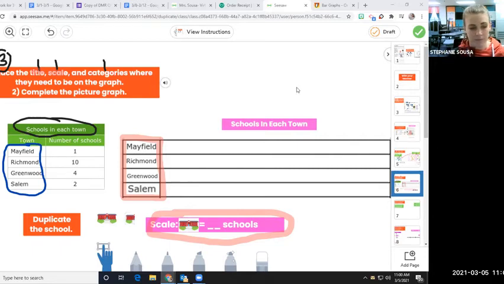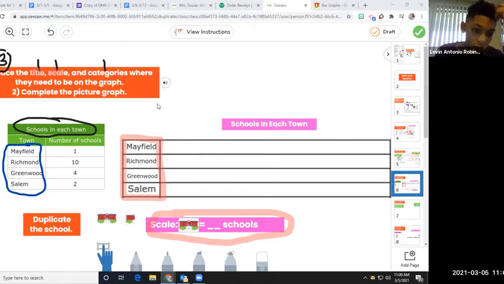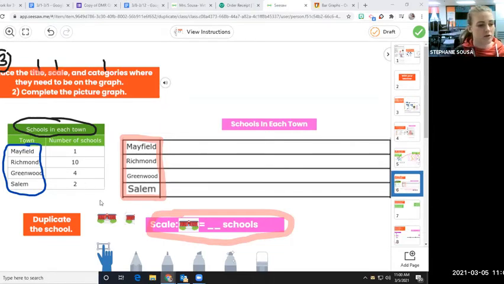Levin? And the scale should count by 2. You think the scale should count by 2s? Okay, let's check it out. Levin's hopping ahead of me. Scales, okay? We have data 1, 10, 4, and 2.